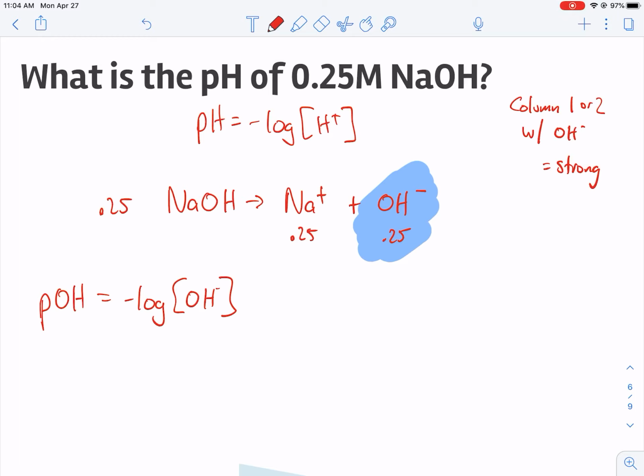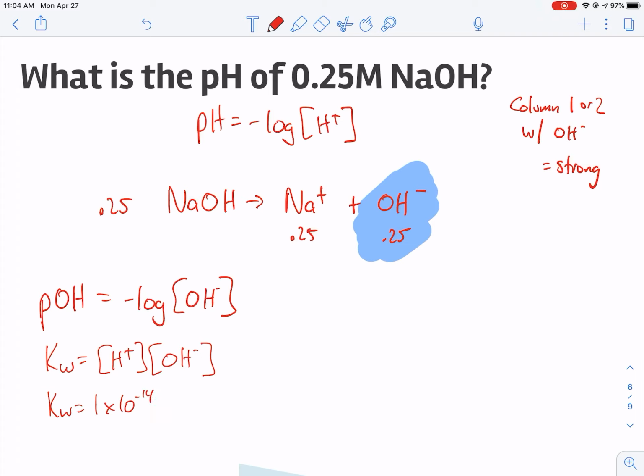Okay. An alternative is you could use this. KW is equal to the concentration of H plus times the concentration of OH minus, and KW is equal to 1 times 10 to the negative 14.